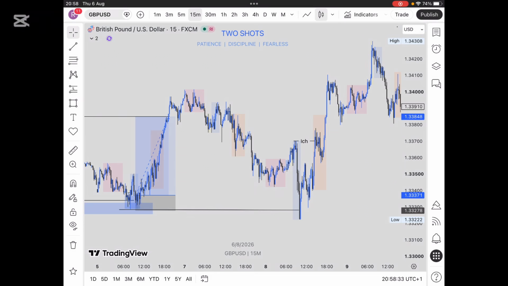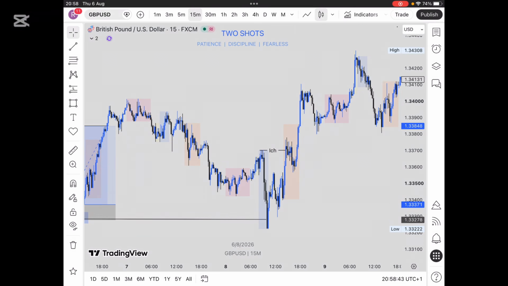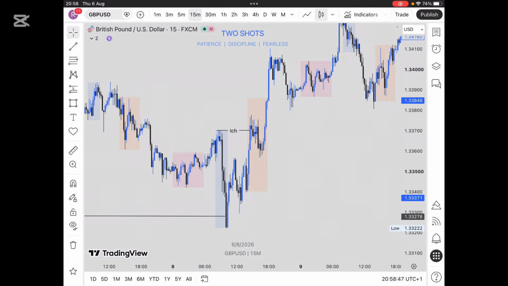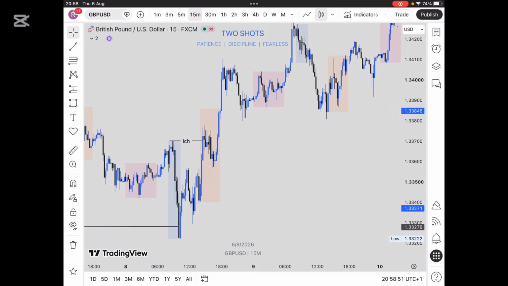This is signifying to us that price is still bullish, that this break of structure down here, this break of this low, was just price hunting for more liquidity to fuel the next buying move. So even though we didn't really get a good opportunity to get involved in this trade, it's confirmed to us that we are not bearish, we are still bullish.